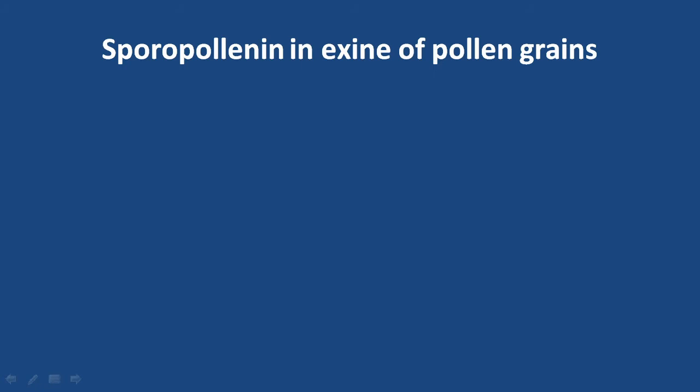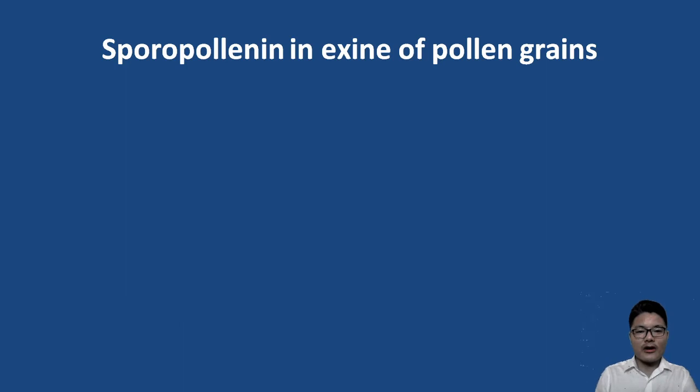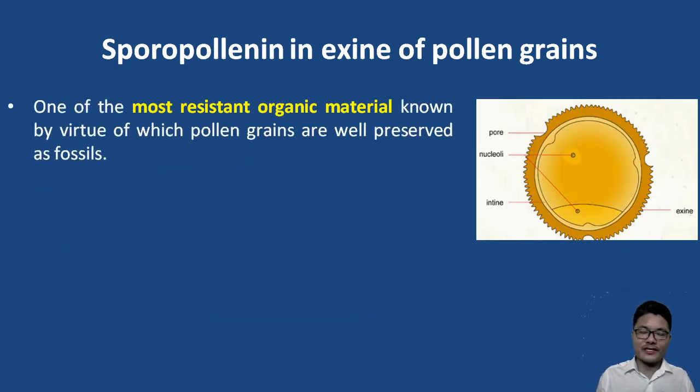Sporopollenin in the exine of pollen grains. Sporopollenin is one of the most resistant organic materials found, as the structural component of the outer wall of the pollen grain, that is the exine.